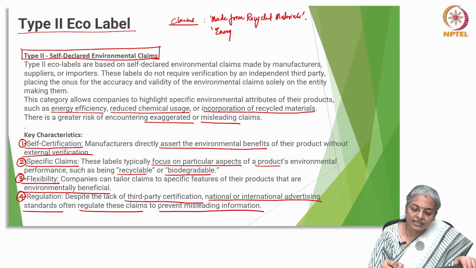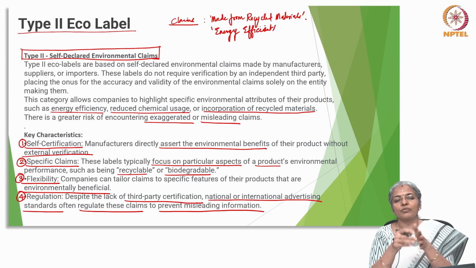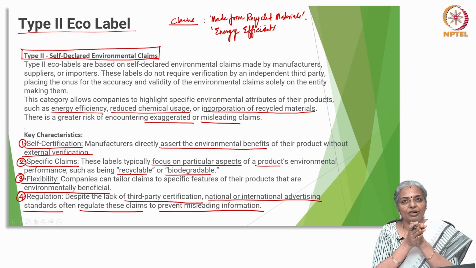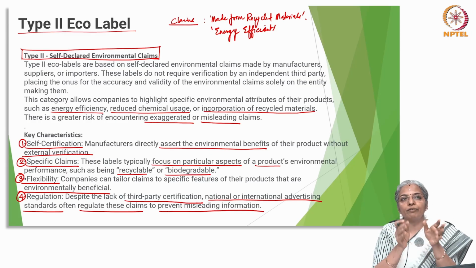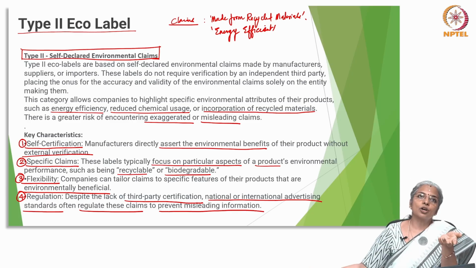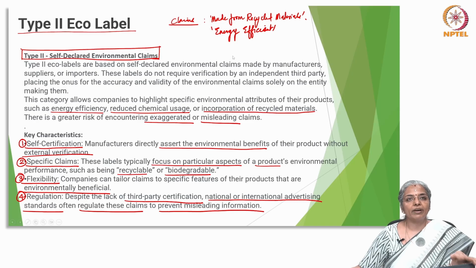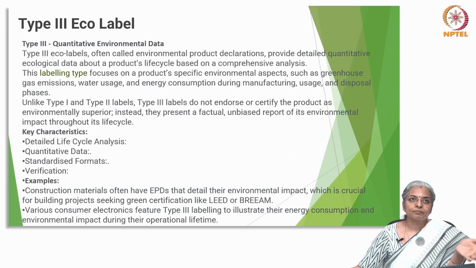Now, there is no quantity or no any other information backing this. So, just claims like this are very broad, and of course, they are very helpful as compared to products which do not even go for that kind of a claim or declaration, but definitely it is not better than the first one, which is a eco label type 1, which is third party verified.